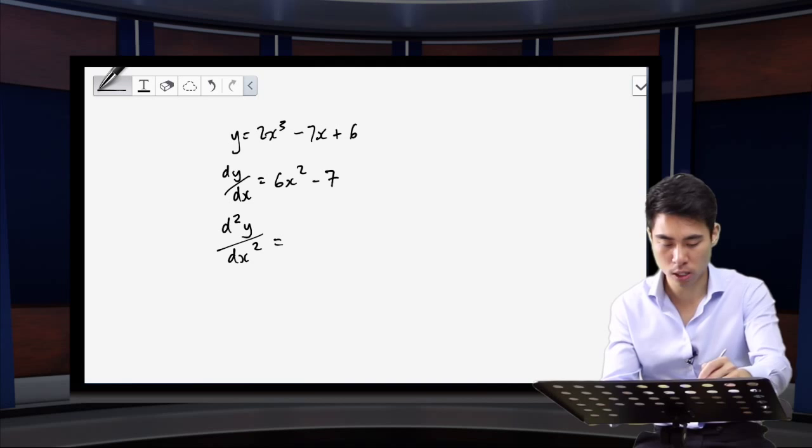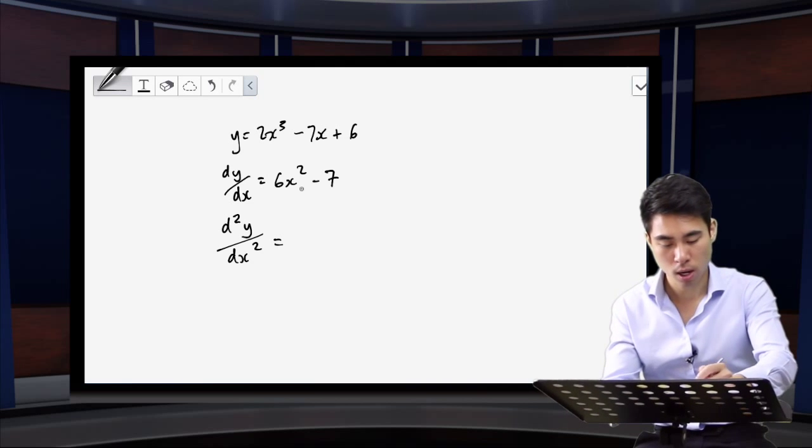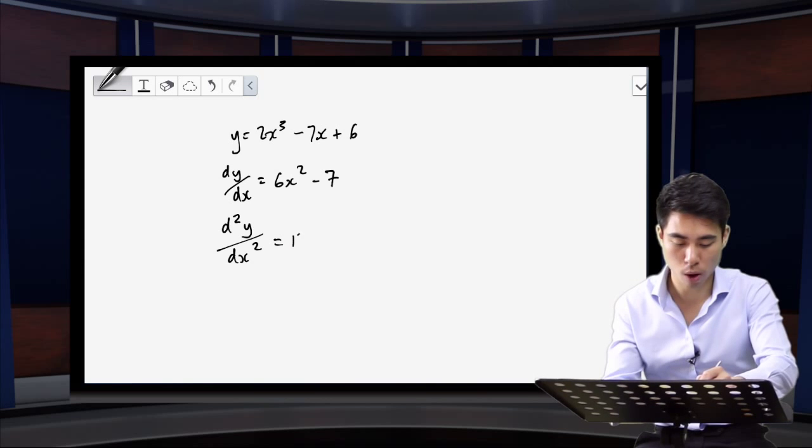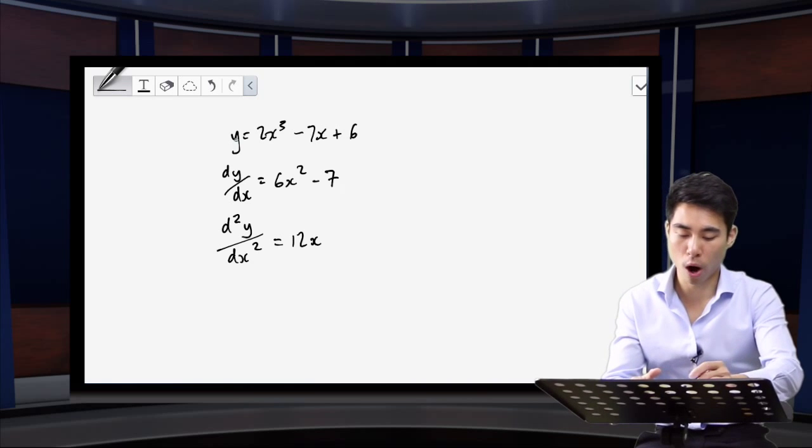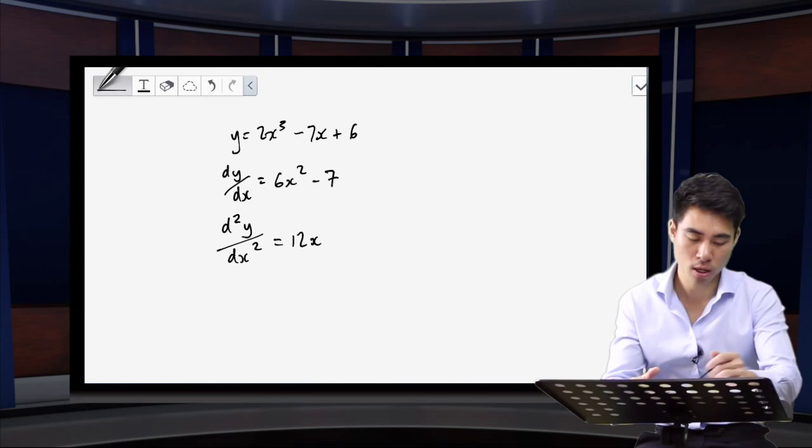I'm deriving it twice with respect to x. Combining my 2 with my 6 there gives me 12x, decreasing my 2 by 1 gives me a power of 1 up here. I don't need to write that. This minus 7 disappears. So that's your first example using your y and x notation, your dy by dx notation there.